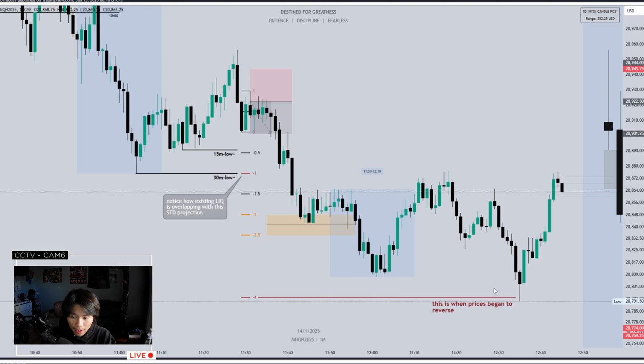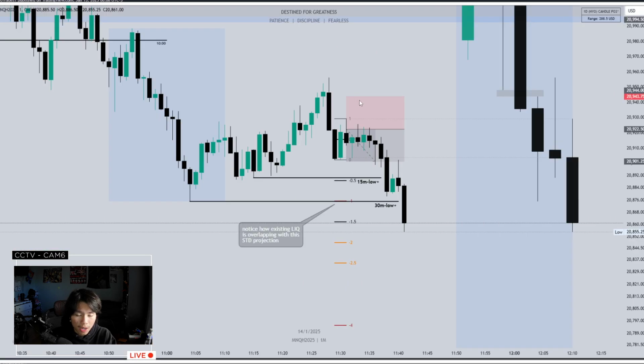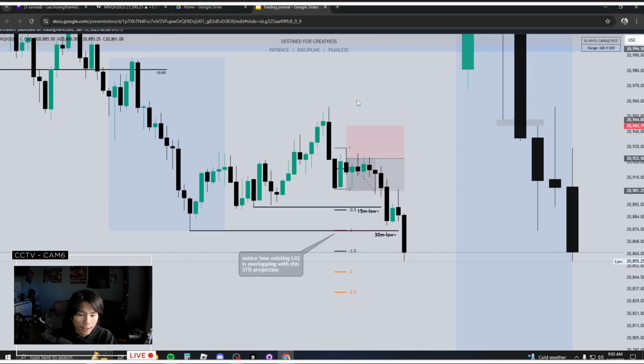And if you go back to January 14th, you will see that this negative 4 standard deviation ends up being the low of the day here. And this was a very, very ideal trade. Like I said, there's a higher time frame order flow, there's my model, and there's an entry pattern. Everything here got checked off, and I just simply clicked the button.